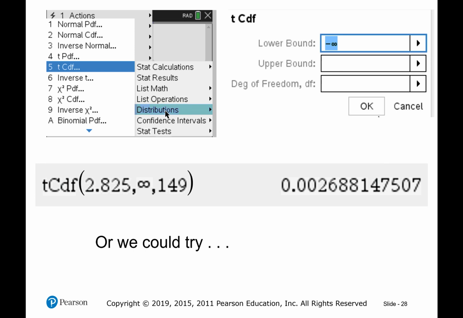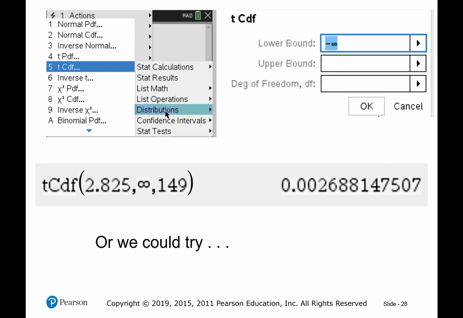We used number 3 for the inverse normal when we had to work our way backwards and find out what the z-score was, for example to find the sample size. This time, again, different variable, we're going to go down not to number 2, the normal cumulative distribution, but number 5, the t cumulative distribution function.